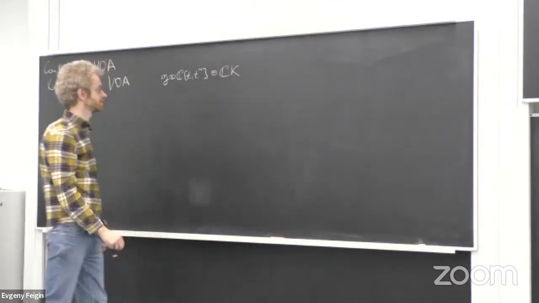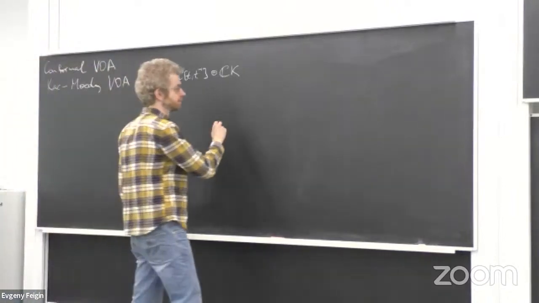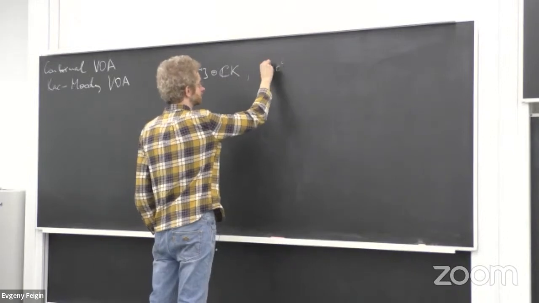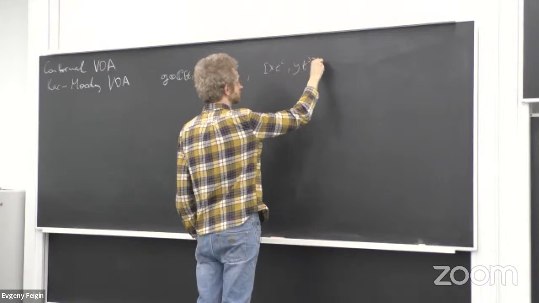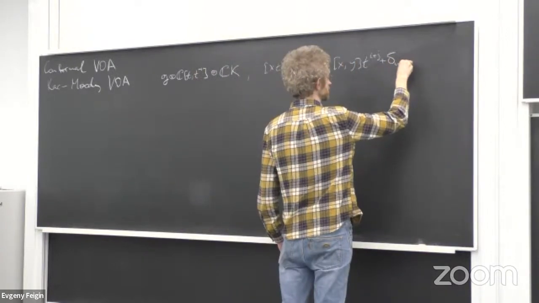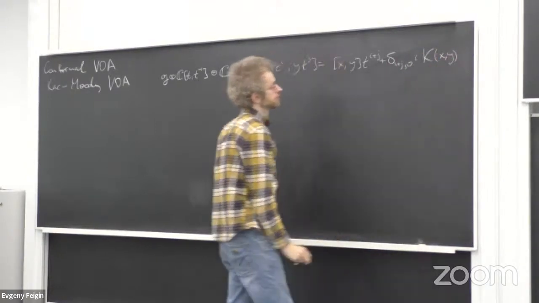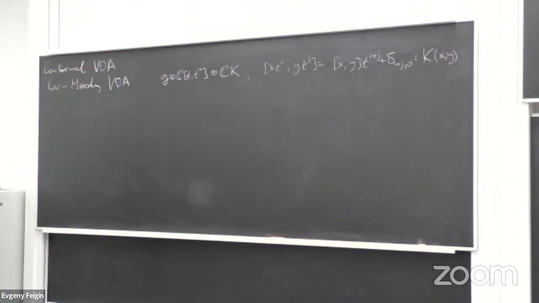So this is the central extension of our algebra, and we have a Killing form, and the bracket is given by [x t^i, y t^j] = [x, y] t^(i+j) + i delta_{i+j,0} k (x, y). So here (x, y) is the Killing form, and this is the definition of the Kac-Moody Lie algebra.